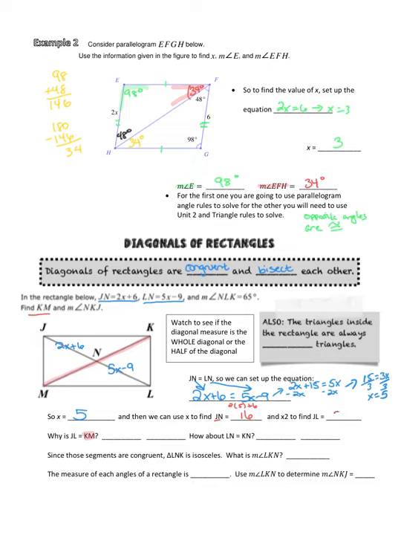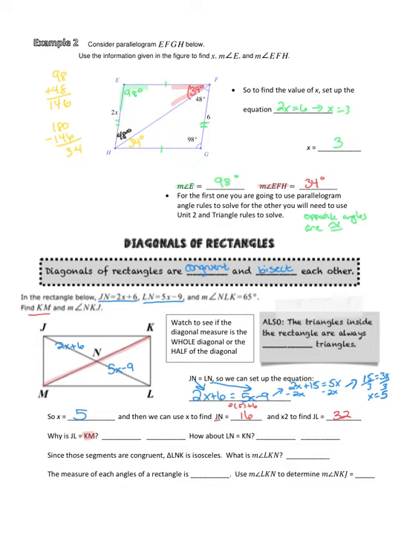That'd be 32. If you're not sure of that, you can go ahead and substitute 5 for x and find the measure of NL, and then you can add them together. And so JL is 32.